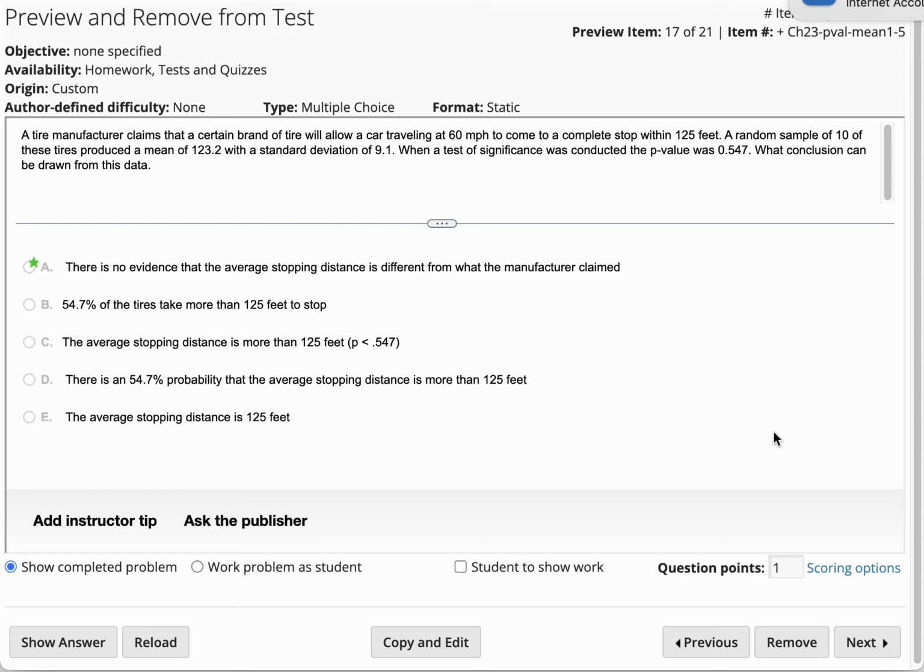So we cannot reject the null hypothesis. So there's no evidence that the average stopping distance is anything different than what the manufacturer claimed. The manufacturer's claim could be true.